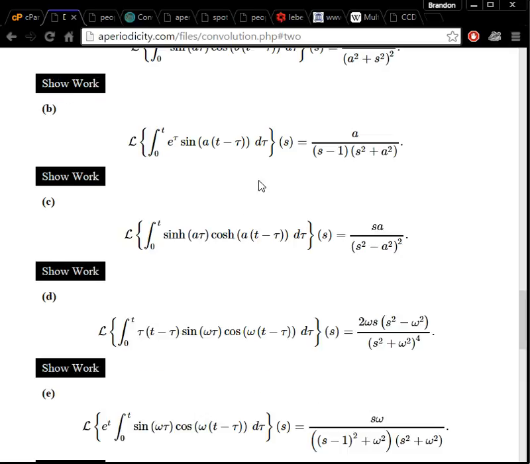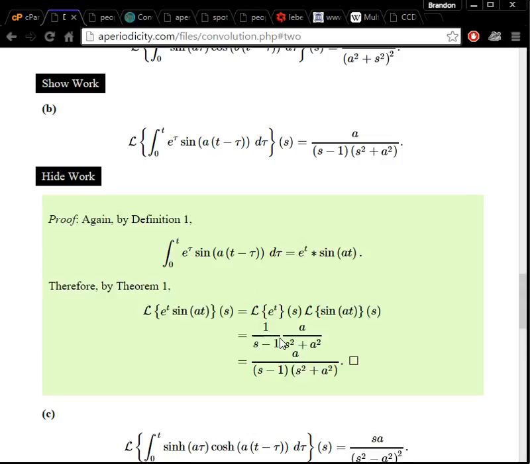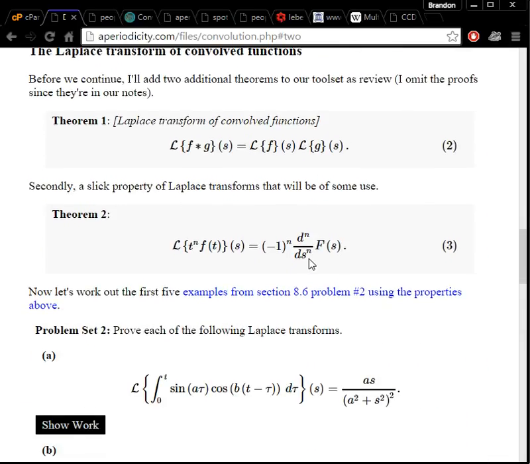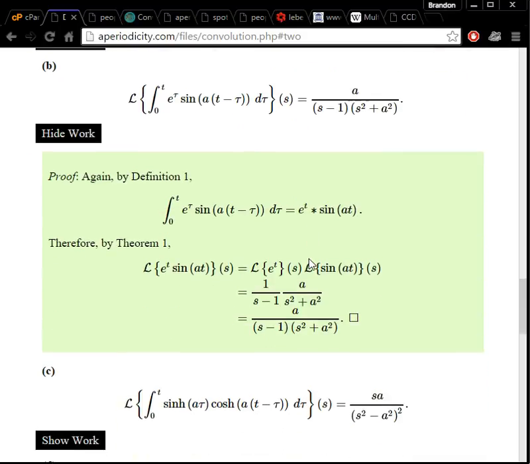Now for this second problem, we utilized one further trick, I think. So by definition 1, we have a convolution integral of e to the t times sine of at, and then by theorem 1, again, the Laplace transform of a convolution.